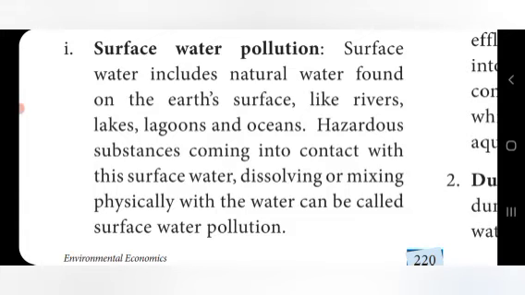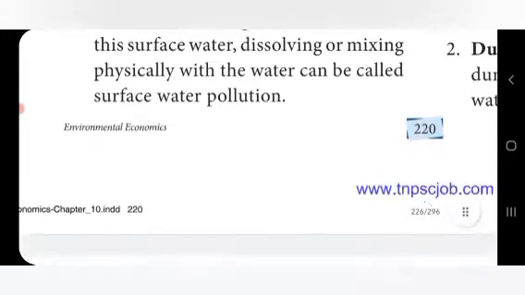Hazardous substances coming into contact with the surface water, dissolving or mixing physically with the water, can be called surface water pollution. It may pollute the surface water.